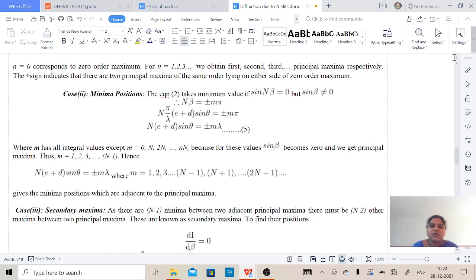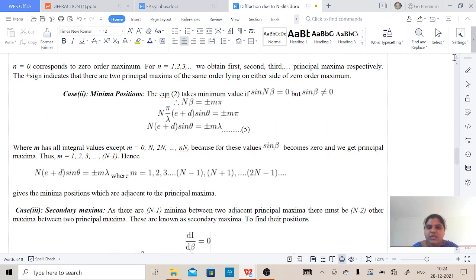Case 3. Now secondary maxima. As there are n minus 1 minima between two adjacent principal maxima, you have to understand that sentence completely. As there are n minus 1 minima between two adjacent principal maxima, there must be n minus 2 maxima between two principal maxima. They are known as secondary maxima.